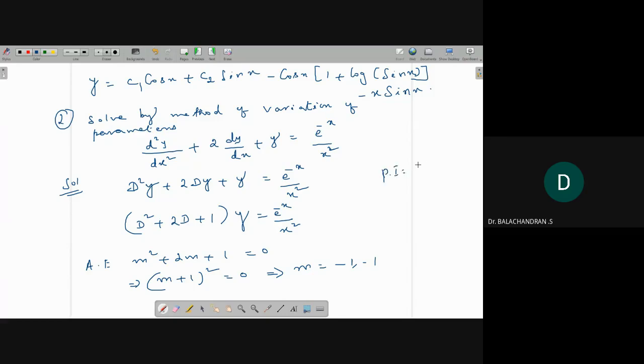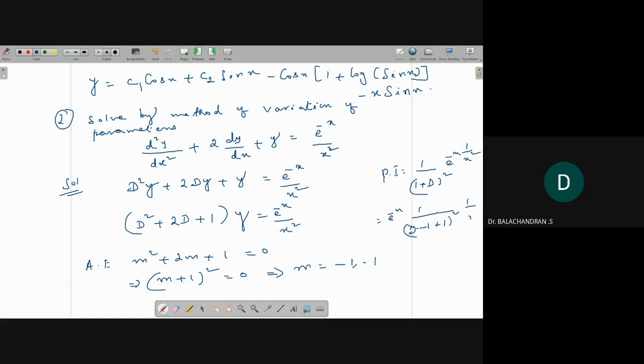Right hand side is 1 plus d square, first e power minus x, like this: 1 plus d square into e power minus x into 1 by x square. So if you replace e power minus x by d by d plus 1, it is d minus 1 plus 1 whole square, so 1 by x square.